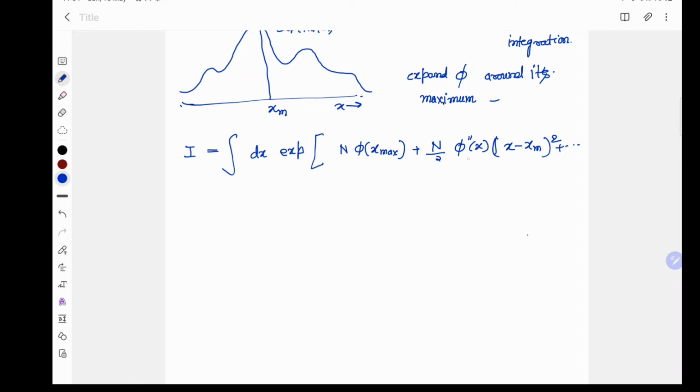But since phi has a maximum, this phi double prime x is actually negative, and we can write it as minus, with a modulus.